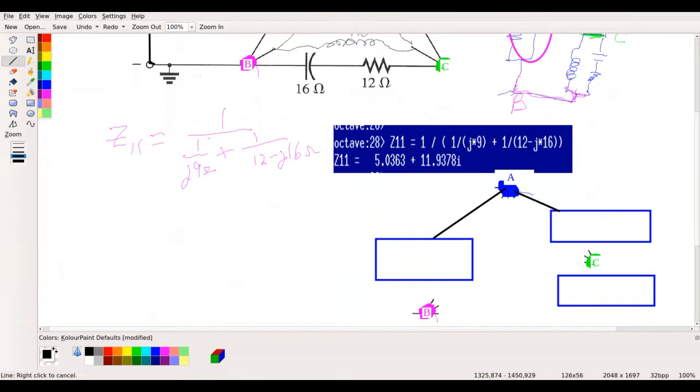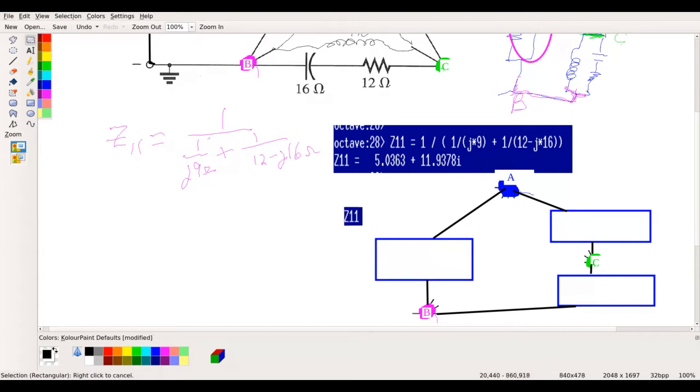And then we're coming over here to this other one. And then from there, we're going to C. And then from C, we're coming out to B. And so each one of these is Z11. Or excuse me, it's not Z11, it's Z parallel.